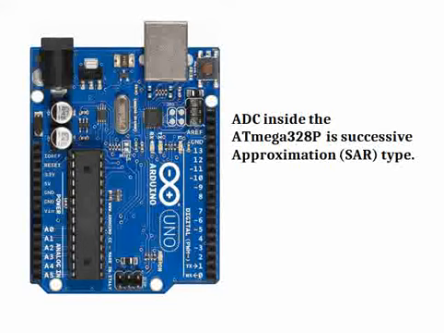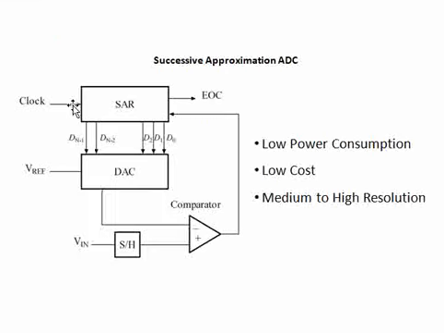Successive approximation is one of the common ADCs used, and if you take any microcontroller, it is the one that is used. While we read about it, we also need to know what a successive approximation is and why it is used. We need to know, right? So let us talk about the successive approximation ADC.